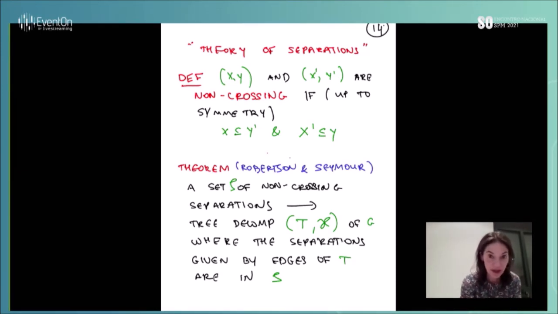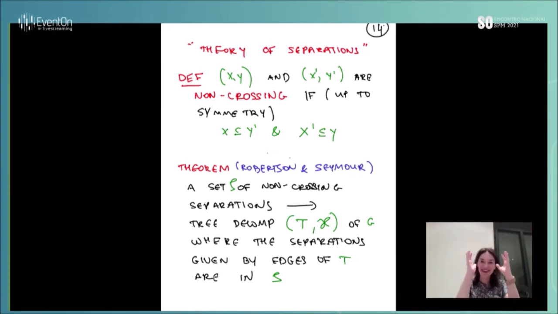So what they proved is that if I give you a set of separations that are what they call non-crossing, and I'm not going to go into enough detail that this definition exactly matters, somehow non-crossing means they line up nicely in the graph.